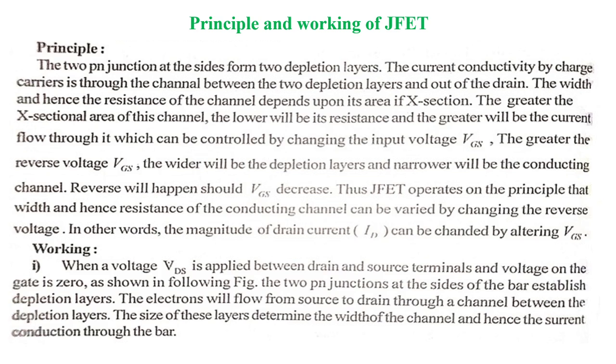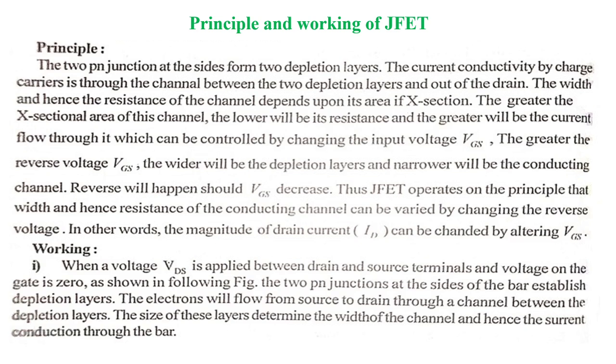The reverse will happen should VGS decrease. Thus, JFET operates on the principle that the width, and hence the resistance, of the conducting channel can be varied by changing the reverse voltage. In other words, the magnitude of drain current ID can be changed by altering VGS.